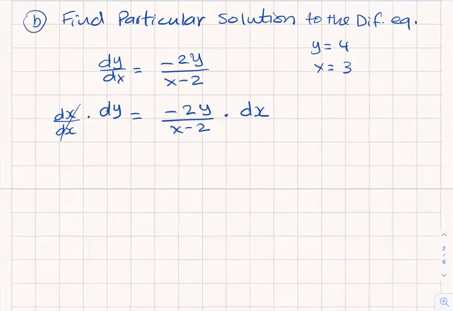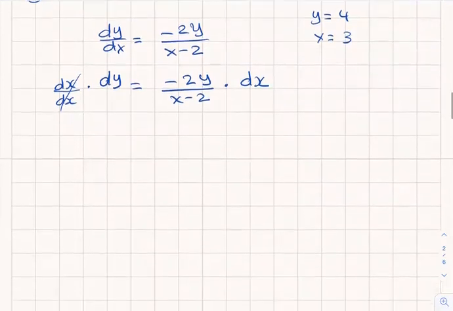Still I have the y on the right side. I need to move it to the left to separate basically the x's and the y's. In this case now we can divide by either minus 2y, or you divide by y. It doesn't make a big difference. Both are correct if you want even to try it as well. So I will divide by y here.